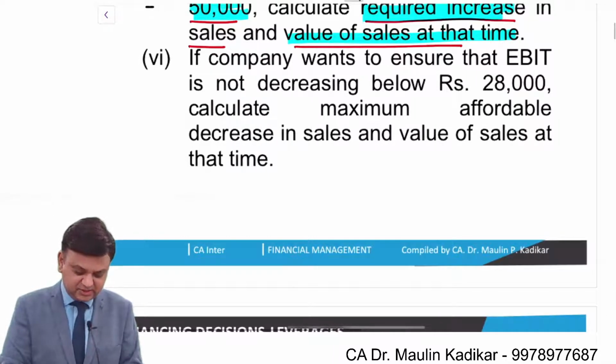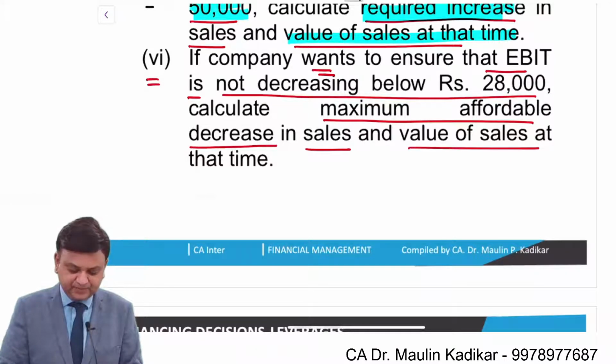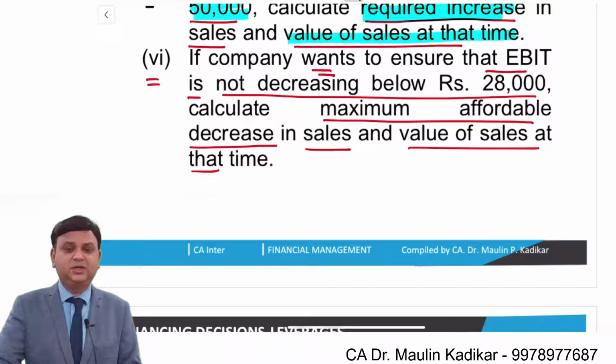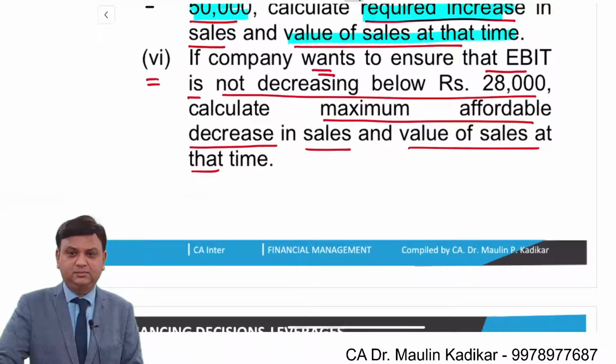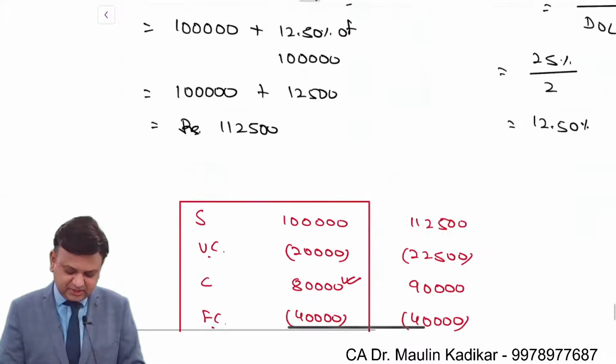Question number 6. If the company wants to ensure that the EBIT is not decreasing below 28,000, calculate the maximum affordable decrease in sales and value of sales at that time. Try to do the answer on your own. So the written answer.